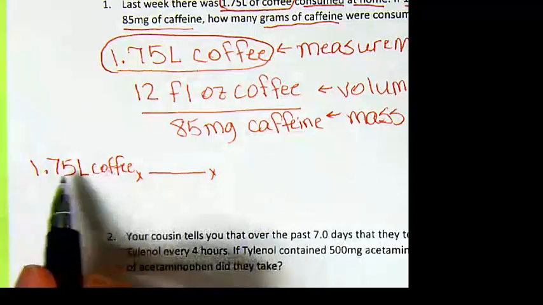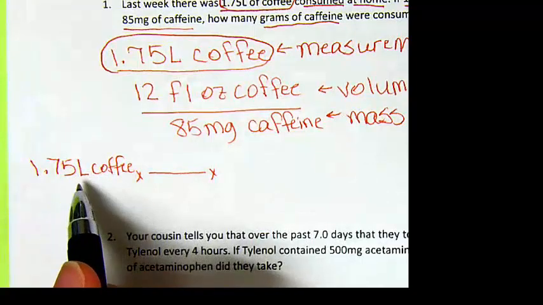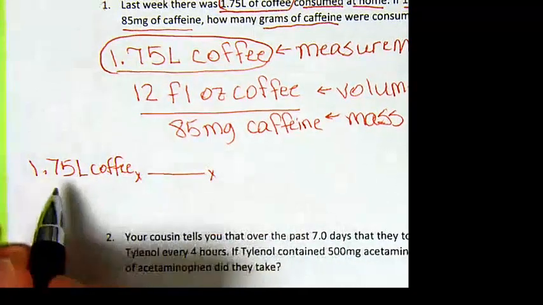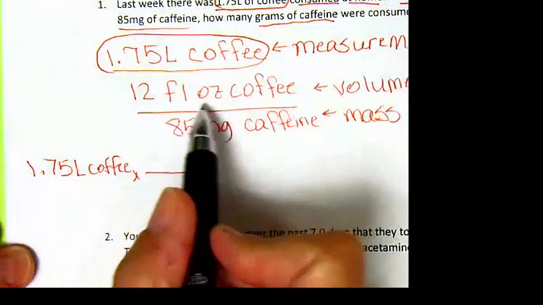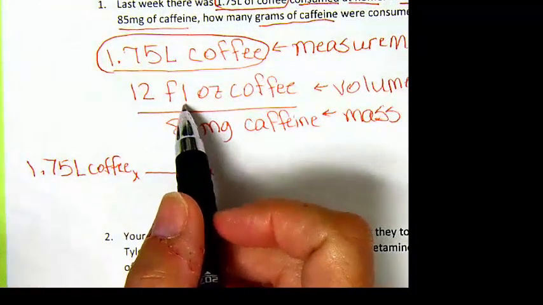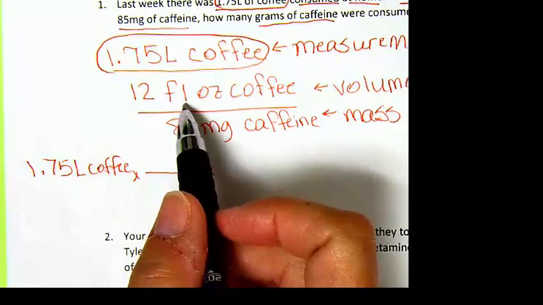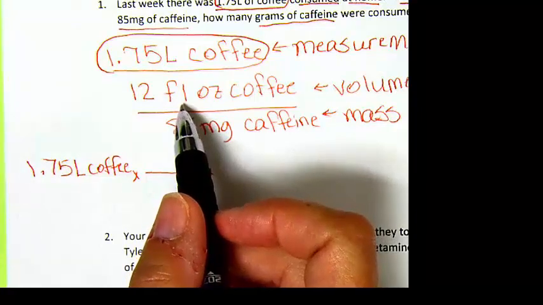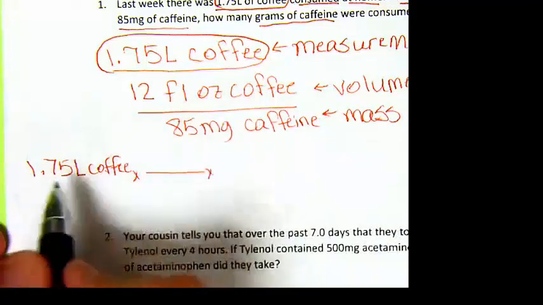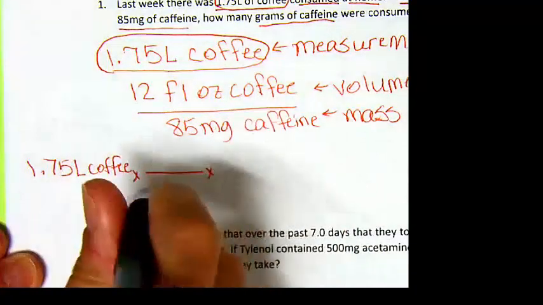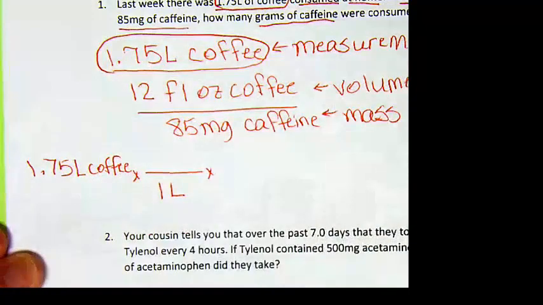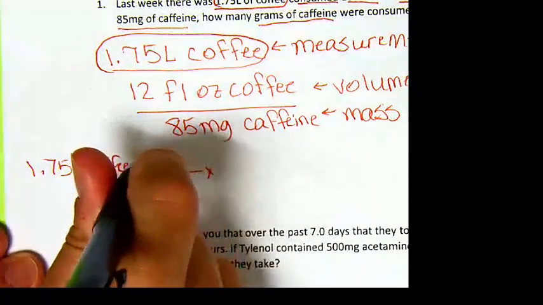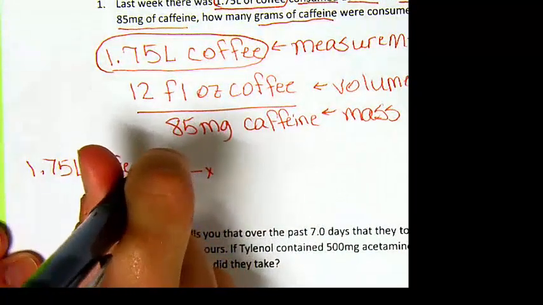So if you look on your equality sheet, you will find there is an equality with liters, and we want to go into what we use, fluid ounces. This is not mass, this is fluid. We want to go into units that we use. And so liters of coffee, in order to go from the volume unit of liters into our system, we have to go to quarts.